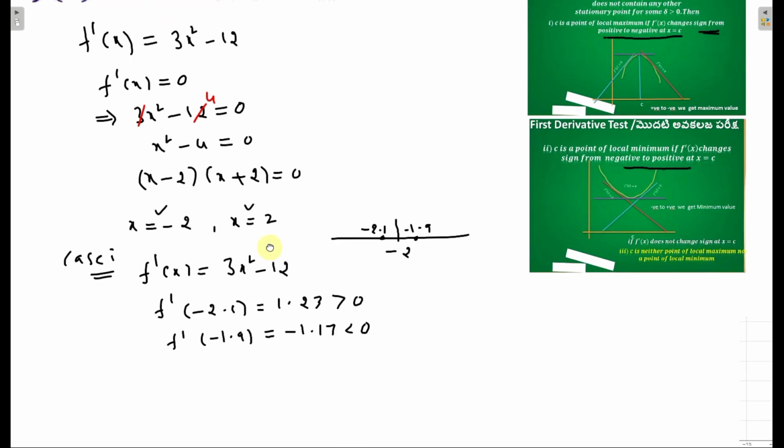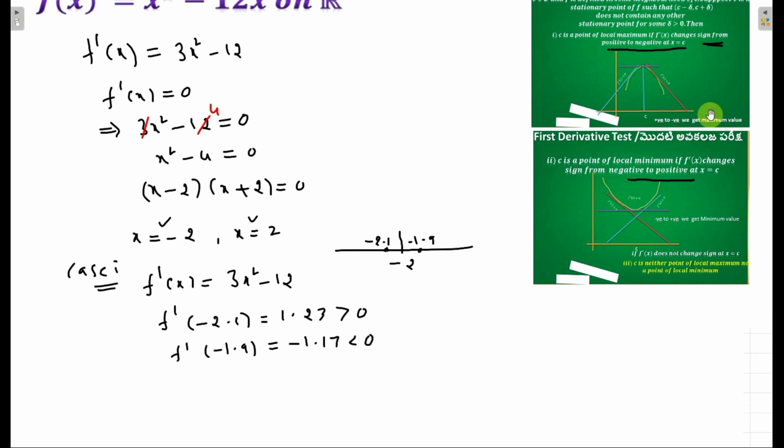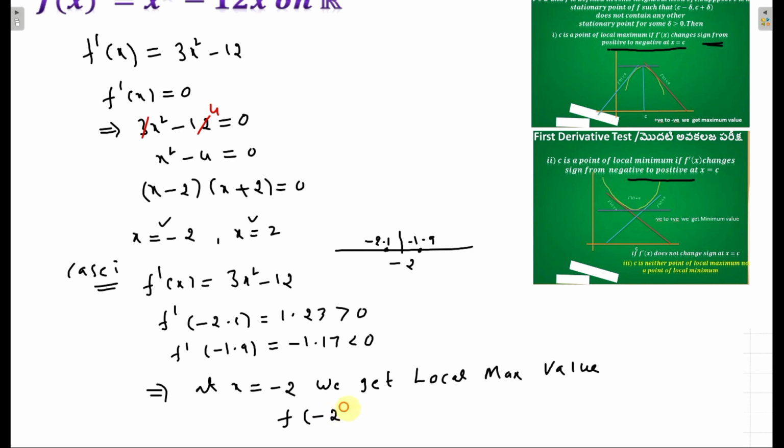Observe, the sign is changing from positive to negative. That implies I can say at x is equal to minus 2, we get a local maximum value, and that is given by f of minus 2.